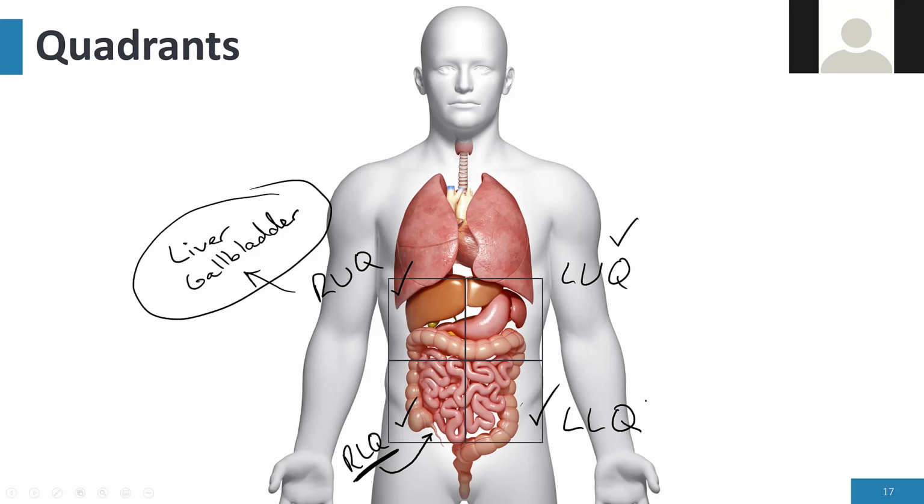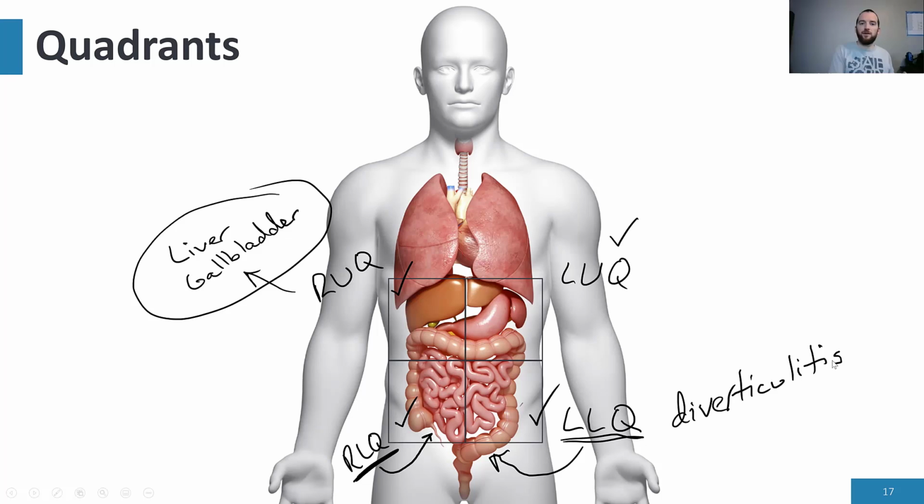Left lower quadrant is a big one with diverticulitis, if we're trying to figure out what some common complaints are in those particular areas. Left lower quadrant abdominal pain is diverticulitis, or that's where that pain complaint is likely going to show up.